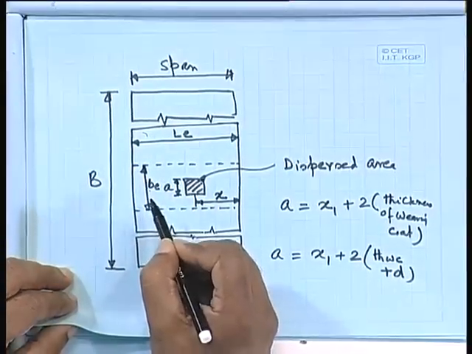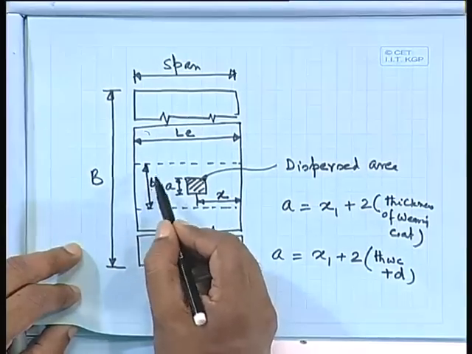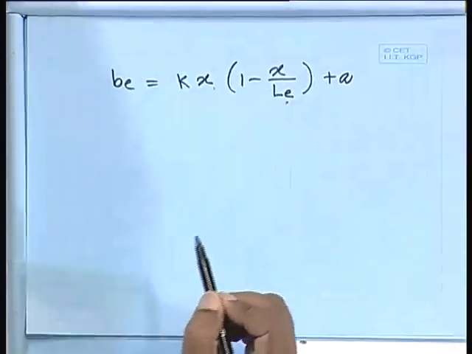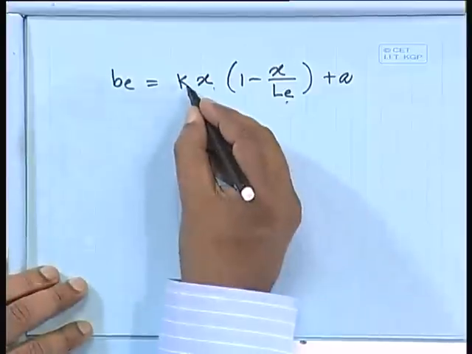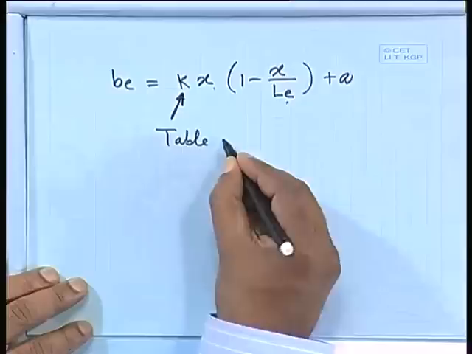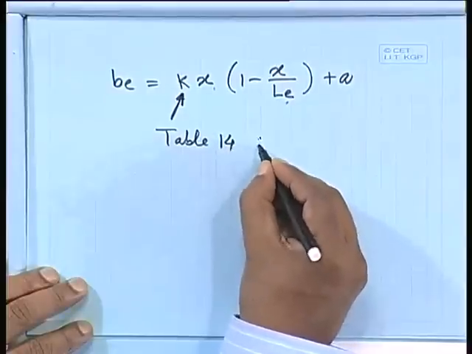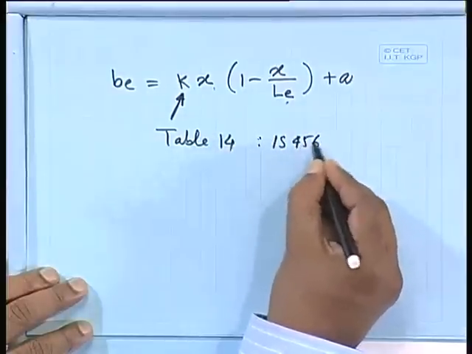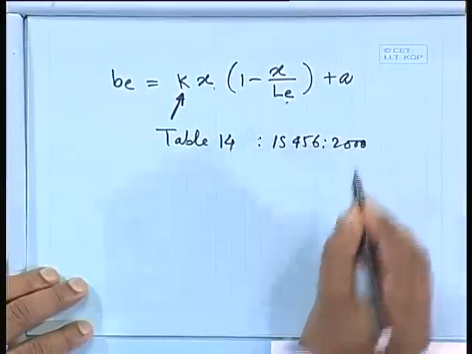Instead of taking it per meter width, it is that effective width. What is the value of K? I shall get it from Table 14 of IS 456:2000.